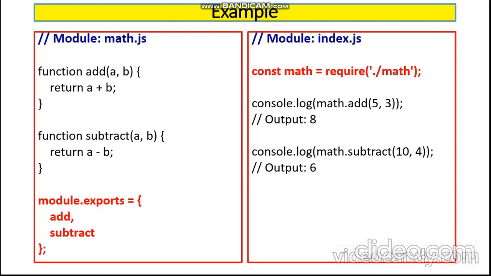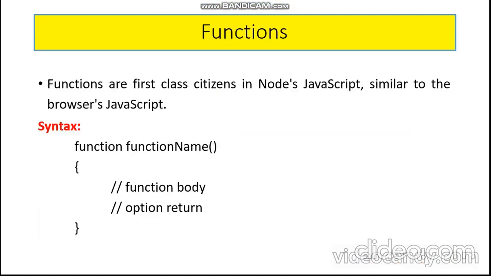So till now we know what a module is. Now next we're talking about what kinds of modules we use in Node.js. The first module we use in Node.js is a function. So what is a function? Functions are first-class citizens in Node.js JavaScript, similar to browser JavaScript.